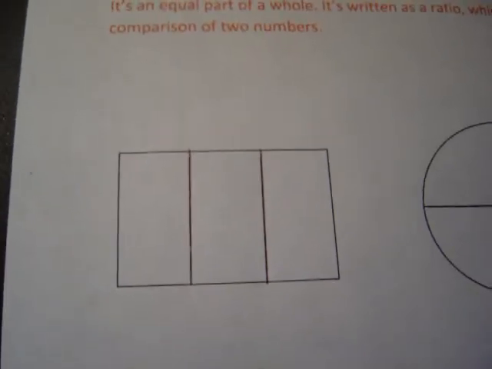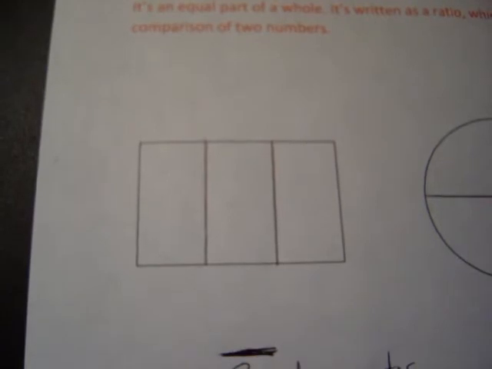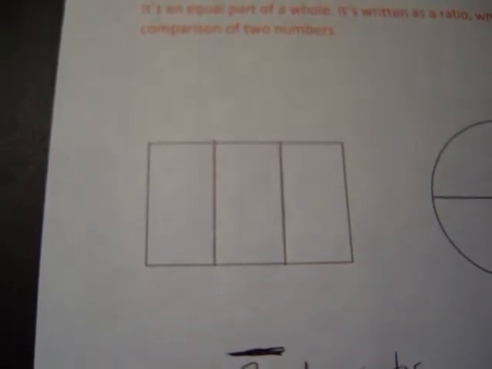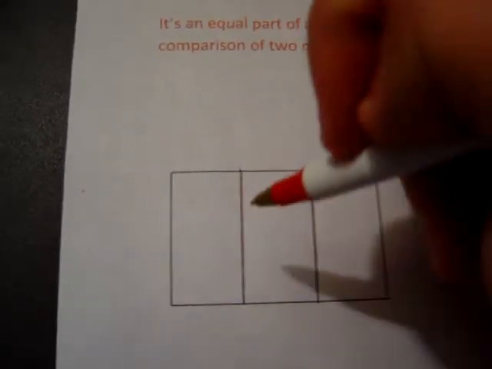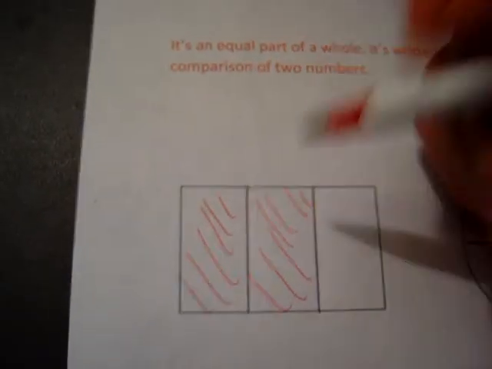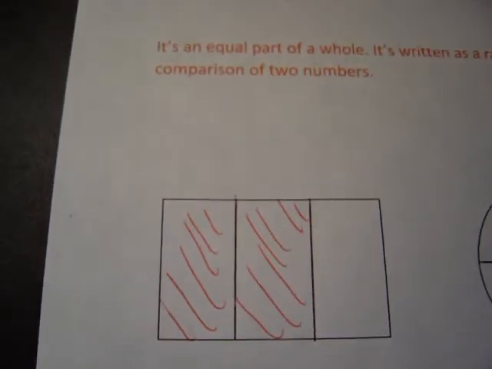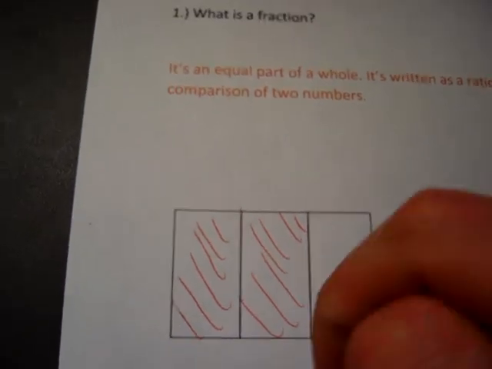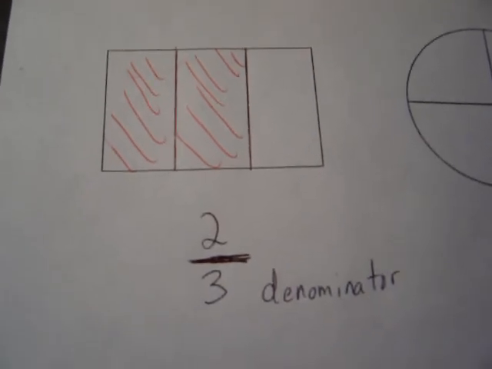Now that we have our thirds and they are equal parts of a whole, we can determine how much of those thirds we want to be concerned with. So if I were to shade in 2 of those thirds, such as the first one and the second one, how many of those equal parts we're concerned with is 2. So 2 becomes our numerator of this fraction, which is a ratio.